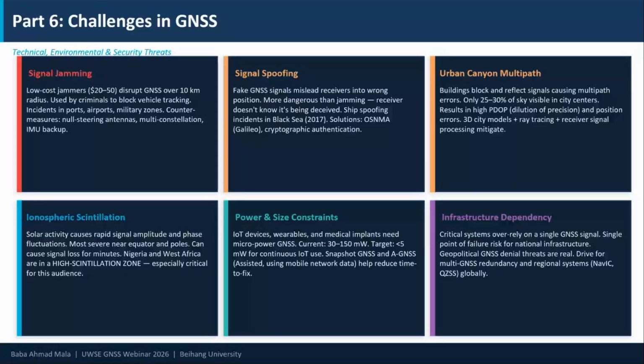Some of the equatorial countries include Nigeria. There are also practical challenges. It is very challenging to model the ionospheric delay or ionospheric errors, but the solution mostly used is multi-sensors to overcome such challenges.